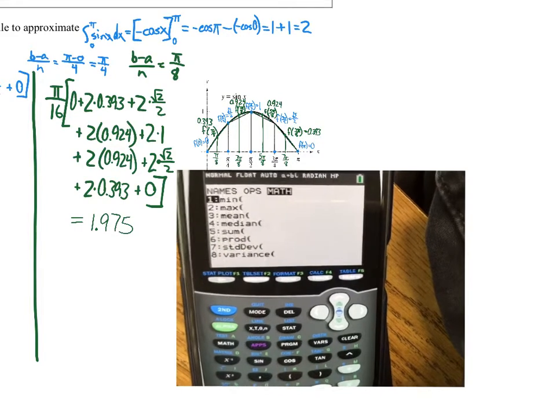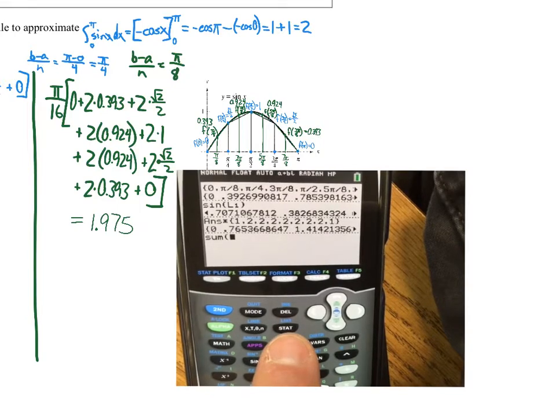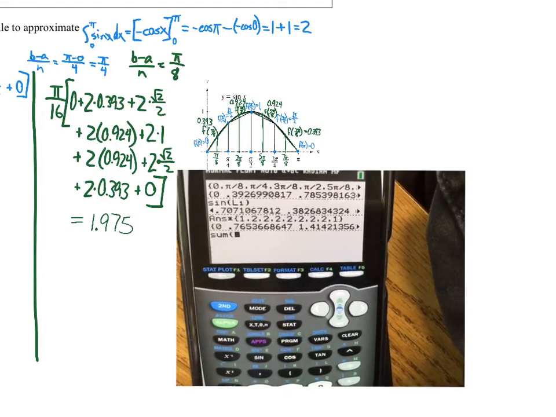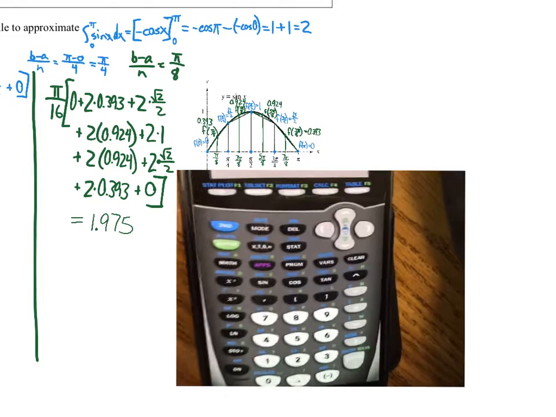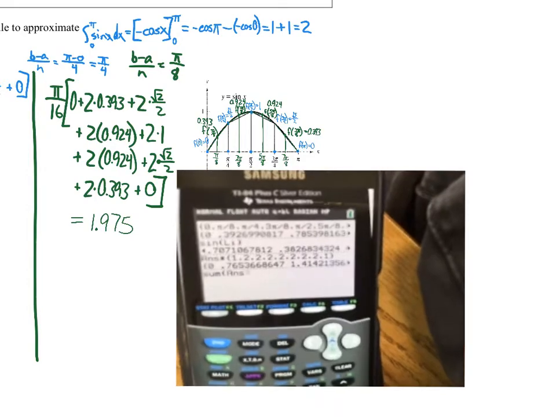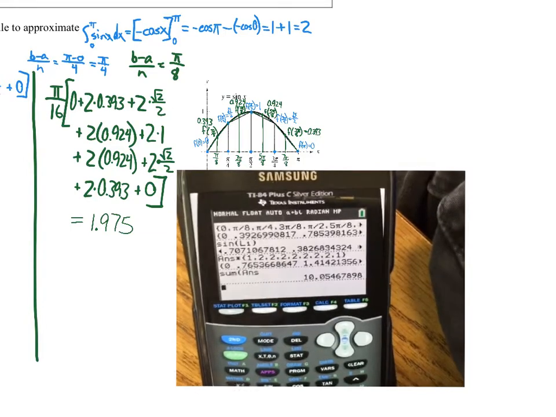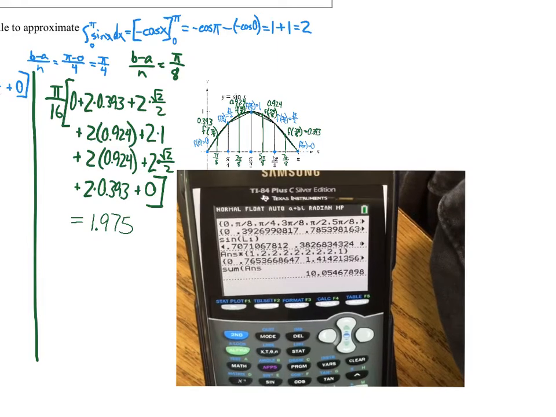It's under second stat. Okay, so I'm going to do the sum of that previous answer. The answer, remember, is above the negative sign, so I hit second answer. Okay, so everything in that set of parentheses equals 10.05.